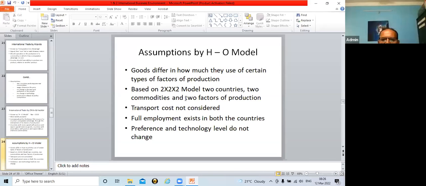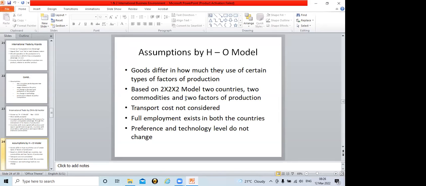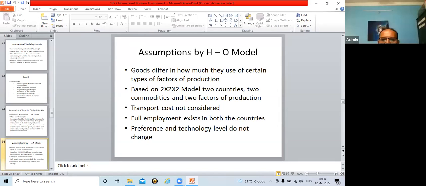So basically, these are the three factors of production. But the HO model is considering two factors of production. Transport cost is not being considered by the HO model. Then full employment exists in both the countries. So both countries are having full employment to their people.